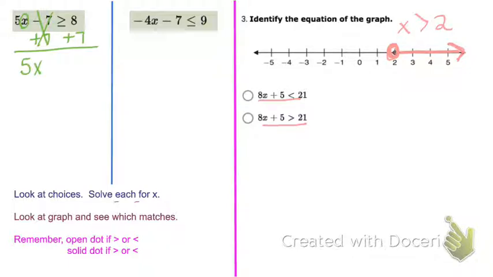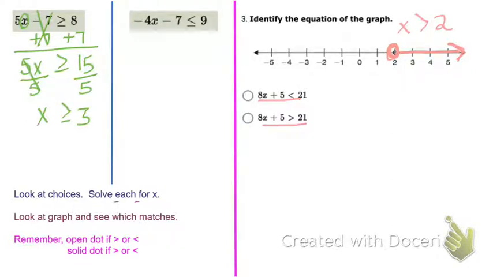In that first step, all I did was add, so my inequality symbol stays the same. Now I'm going to divide by 5 to undo multiplying by 5. I divided by a positive number, so my inequality symbol stays the same. Then you would look at the graph and see if that's what's being graphed.